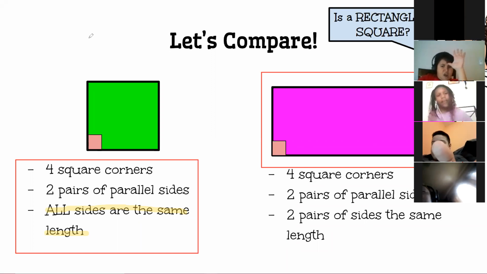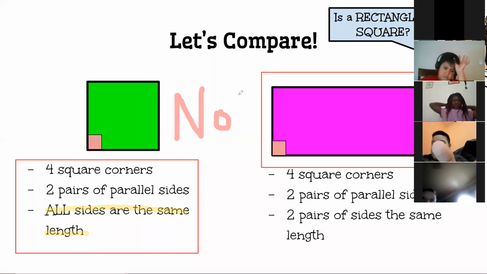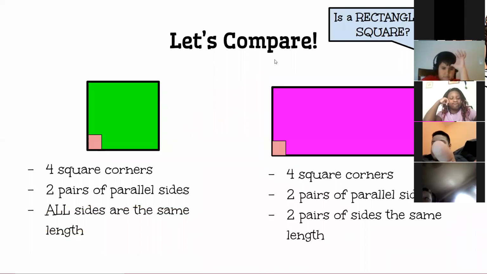No. So a rectangle is not a square because it doesn't have all the same size sides. Yep, you got it. So is a rectangle a square? No. Not all rectangles are squares.